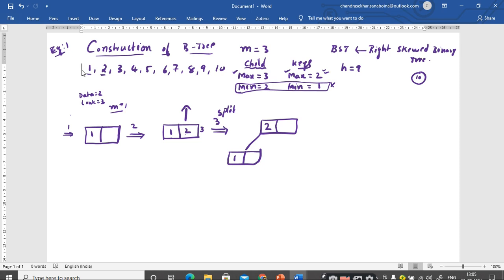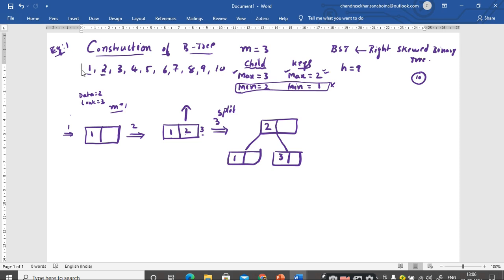What is the right part of 2 here? 3, sir. So you create a node which consists of 2 parts and you insert 3 here. This is how you have to perform the split. Split means you have to push the median of the elements to its parent node.